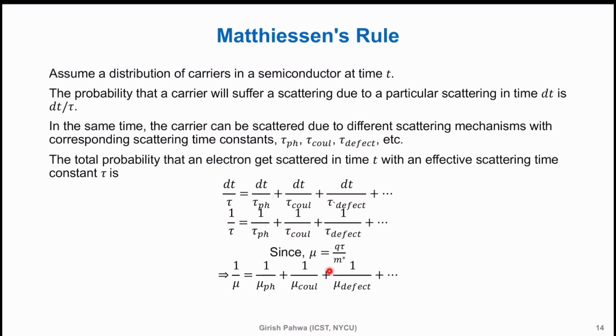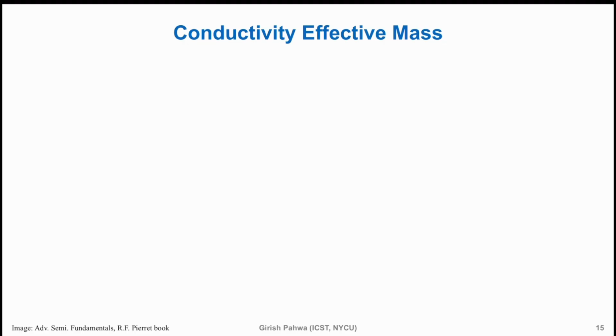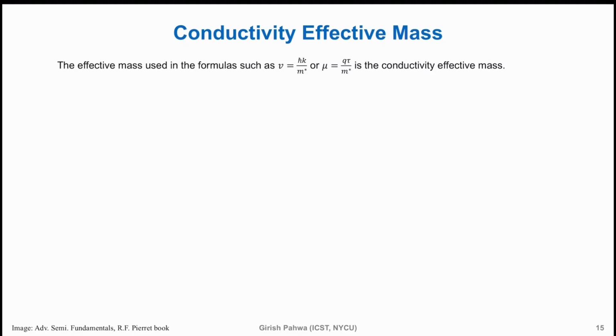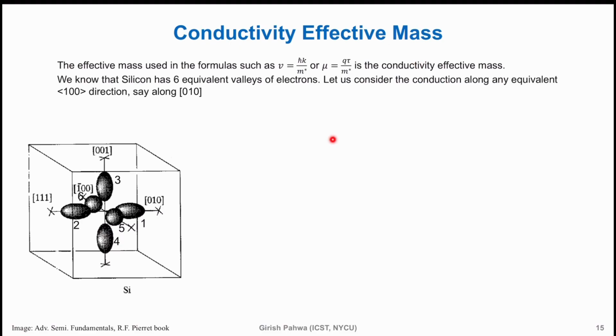How do we calculate that? It's actually very different from the calculation of our density of states effective mass. How do I calculate it? Okay, let's see. Effective mass in formulas such as velocity or mobility will be the conductivity effective mass. Let me assume a silicon sample, bulk silicon.